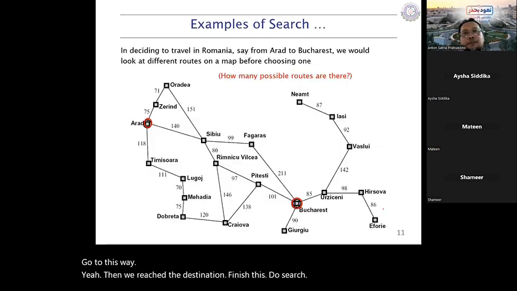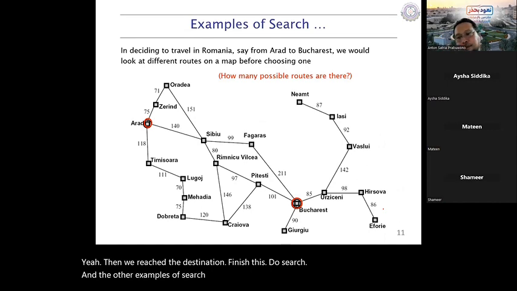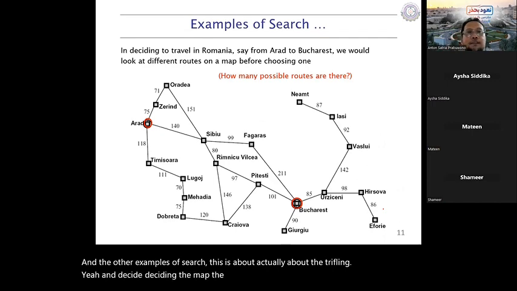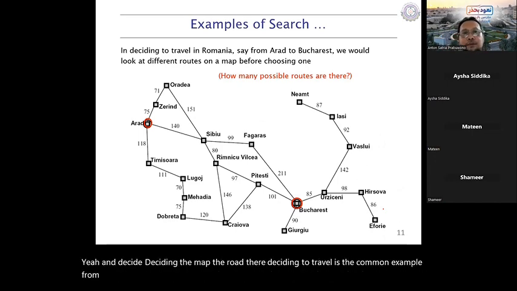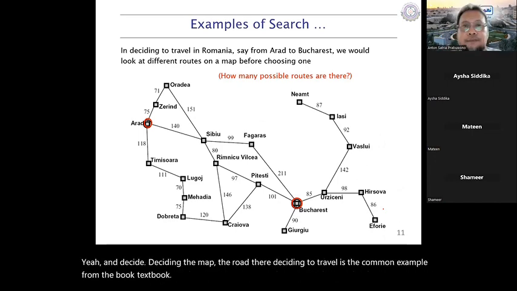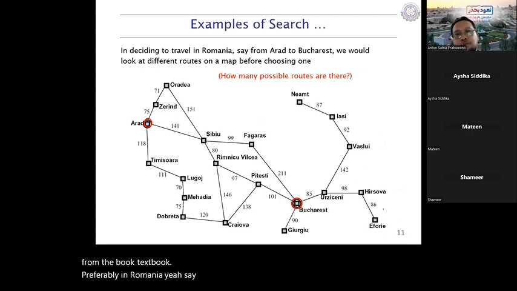And another example of search is actually about traveling, deciding on the map, the road. Deciding a trip is a common example from the textbook: travel in Romania, say from Arad to Bucharest. The capital city of Romania is Bucharest.